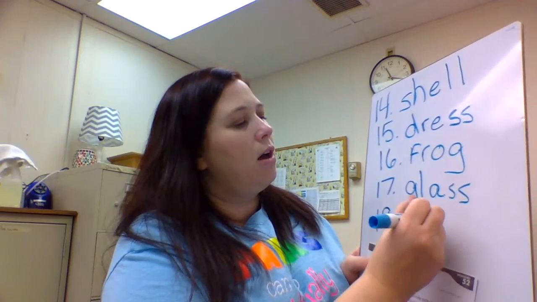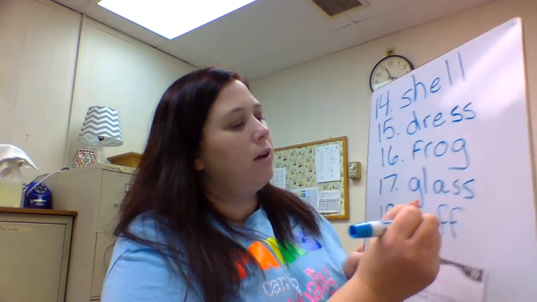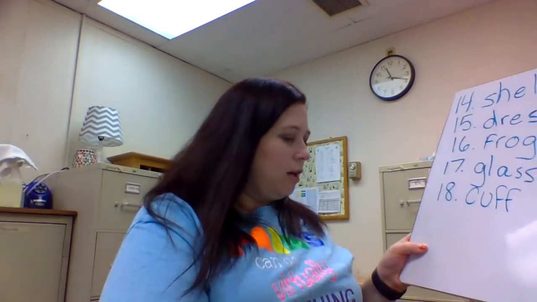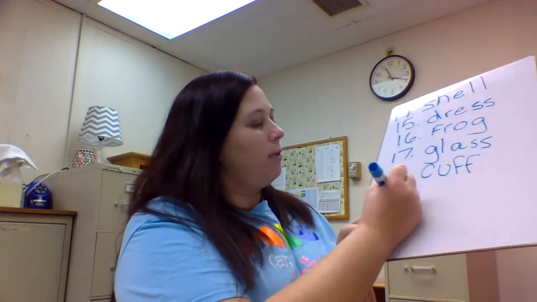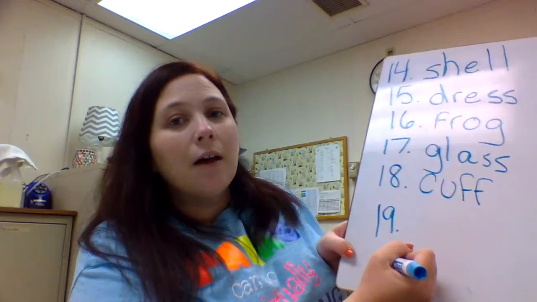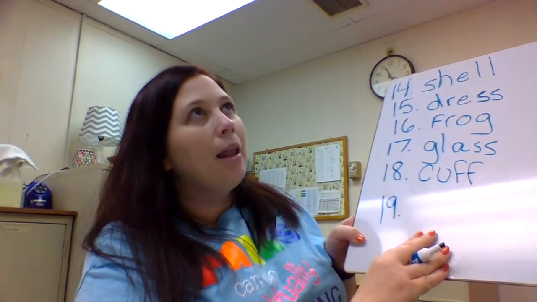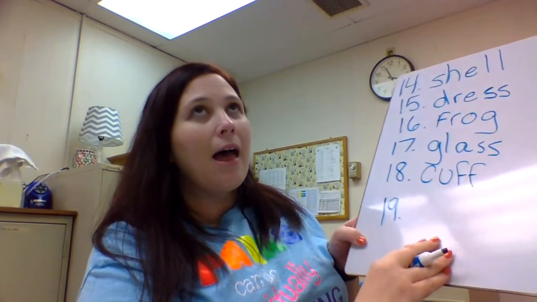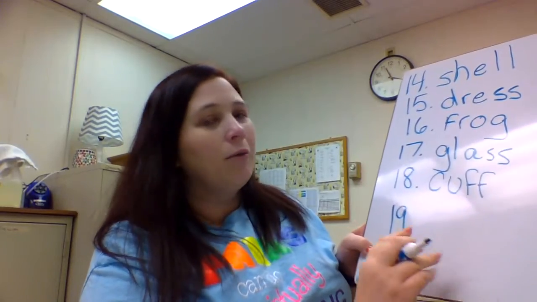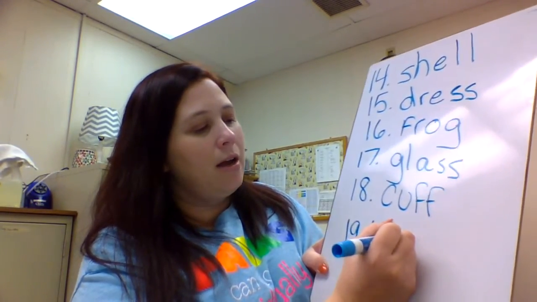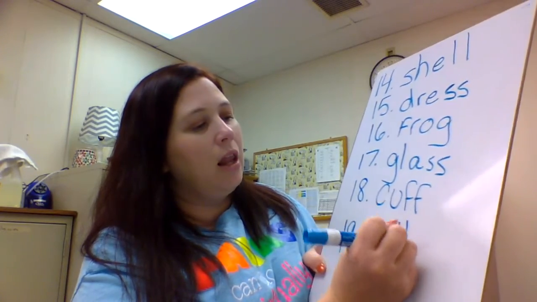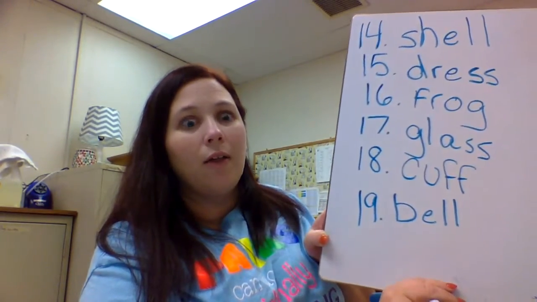K-u. Two F's there at the end. Good job. And number 19, I dropped the paper, but you have yours. It's a bell. Bell. And then it's b-e-l. We have that short E sound. B-e-l. And it gets the two L's.